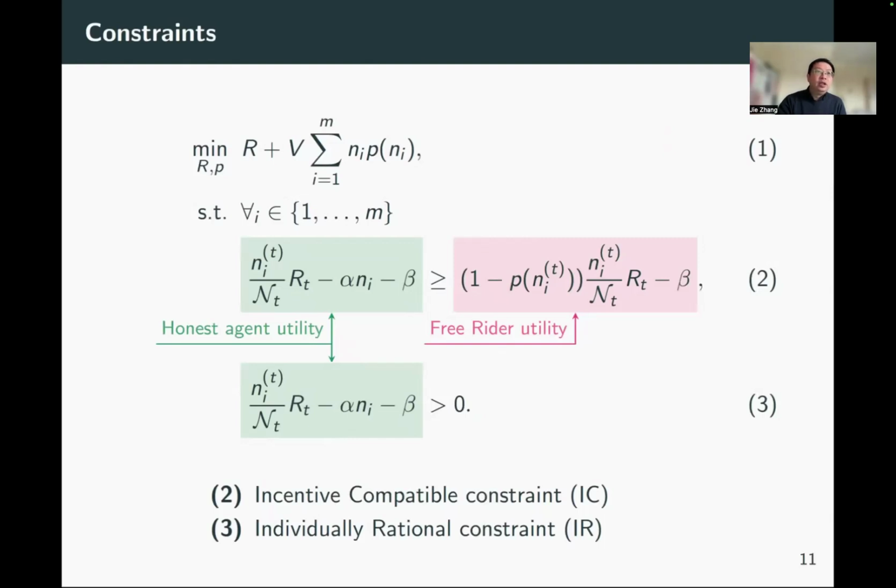So we need to make sure that our agent should want to behave honestly. The most reward has to be earned by behaving honestly. Then we additionally have our individual rationality constraint, which is equation 3 here, which just says that our utility should be positive. I should also say that is our reward minus cost. Otherwise, nobody, honest agent or otherwise, would want to participate.